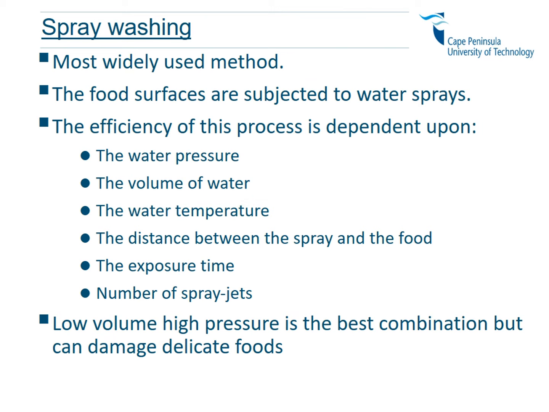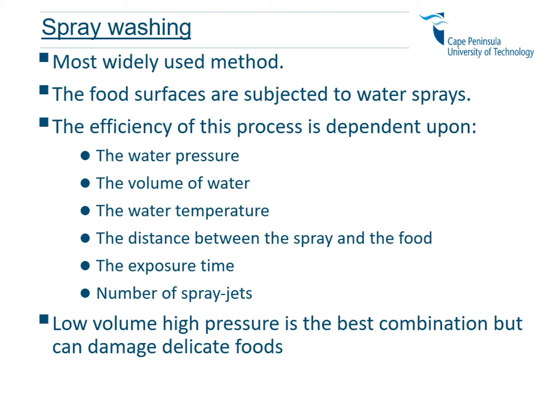So the spraying technique, under washing under the wet method, is one of the widely used methods in the food industry, where the food surfaces are subjected to water sprays, and the efficiency of this process is dependent on a number of factors.